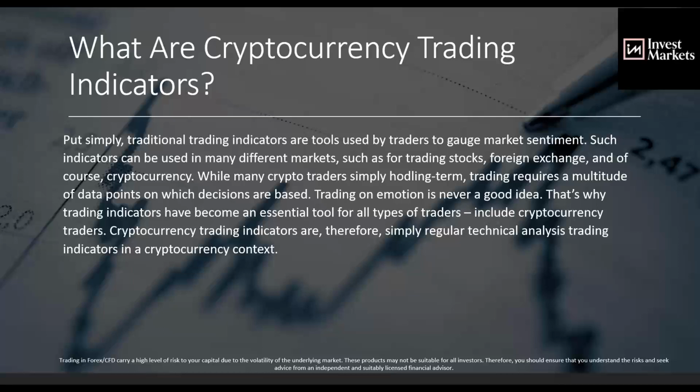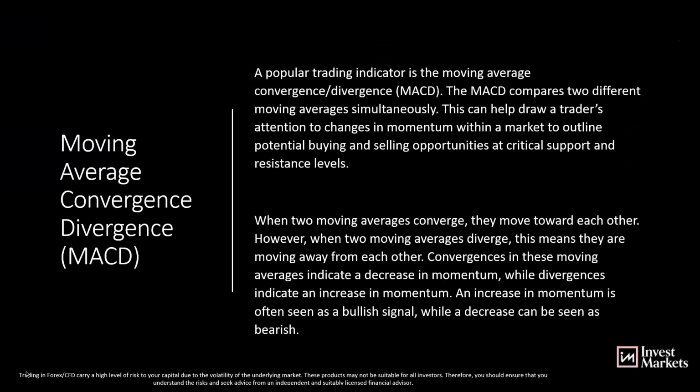While many crypto traders simply hold, trading requires a multitude of data points on which decisions are based. Trading on emotion is never a good idea. That's why trading indicators have been an essential tool for all traders, including cryptocurrency traders. Cryptocurrency trading indicators are therefore simply regular technical analysis trading indicators used in the cryptocurrency market.